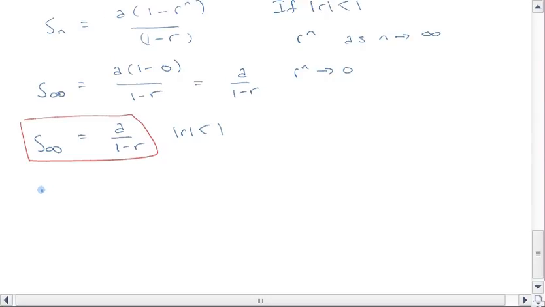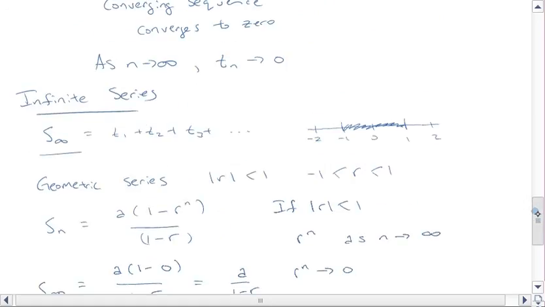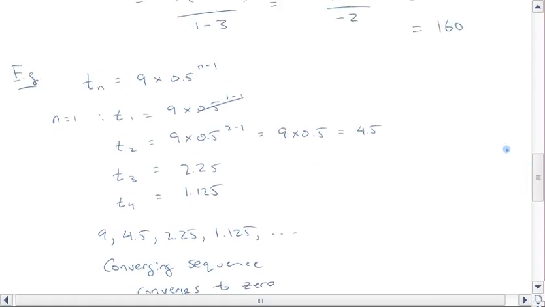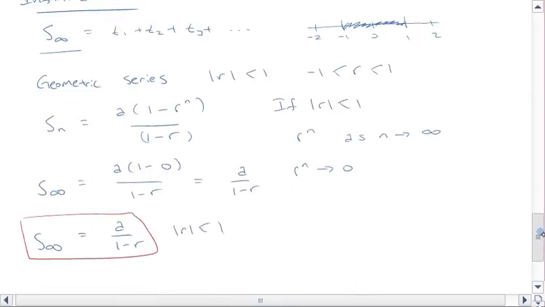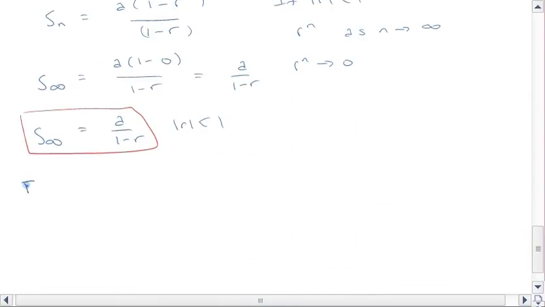To show you how this works, let's work out the example up here. Remember, we said Tn is equal to 9 times 0.5 to the power of n minus 1. So A is 9, and r is 0.5.